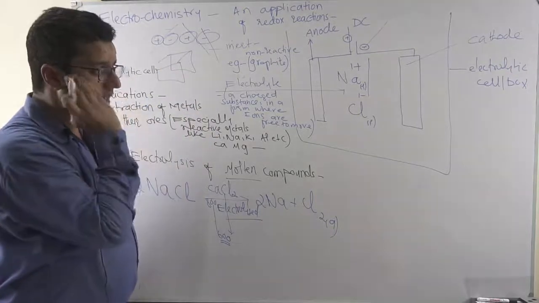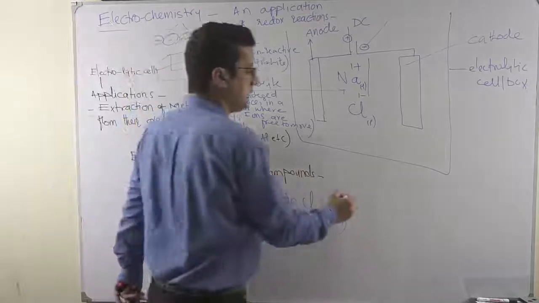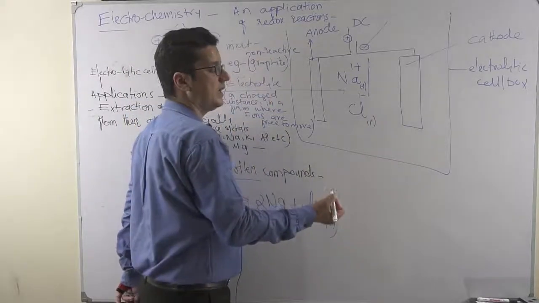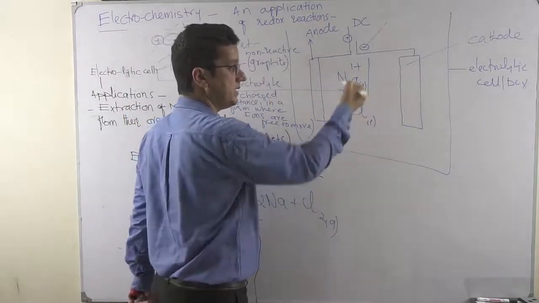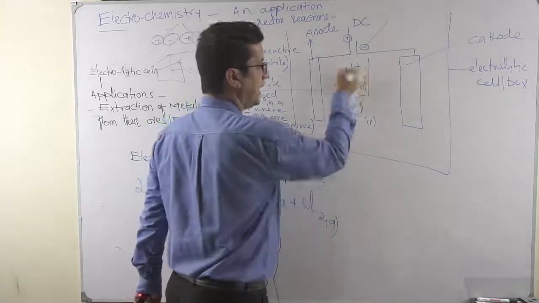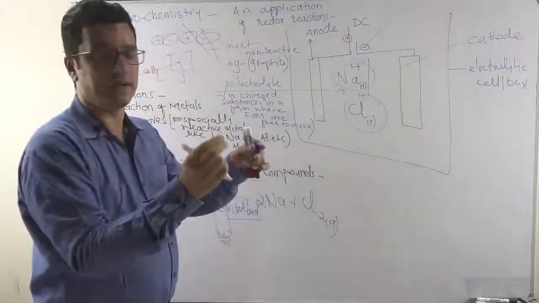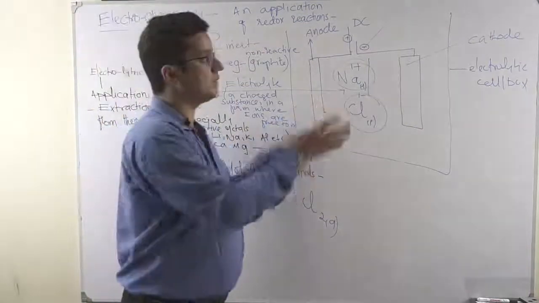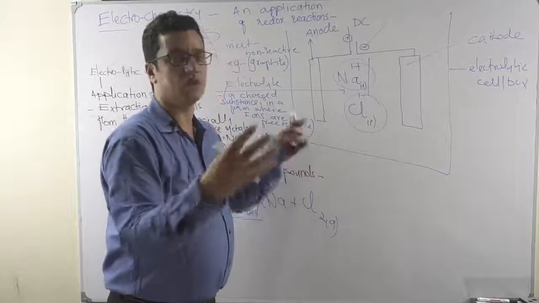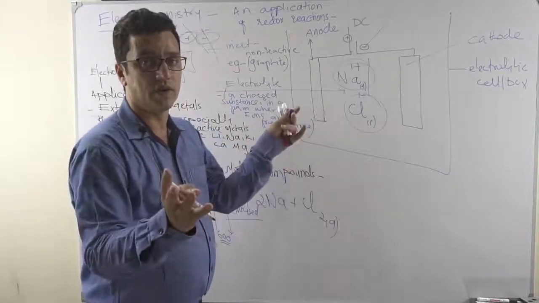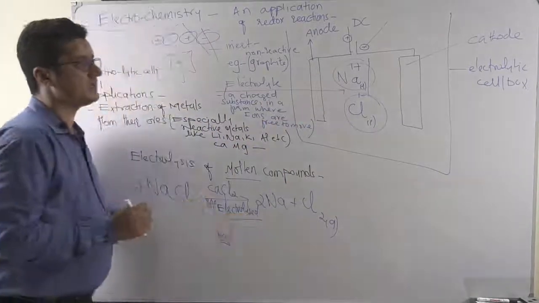It means the electrolytic cell is basically kept at a higher temperature than its melting point. So the ions are free to move, because if the temperature is decreasing or the voltage is less, it means it is solidifying, ions are not free to move, so no electrode reactions are possible.